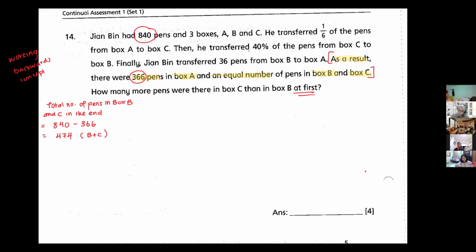You know that from the sentence highlighted in yellow. We have an equal number of pens in box B and box C. They are equal, which means this 474 is 2 units.